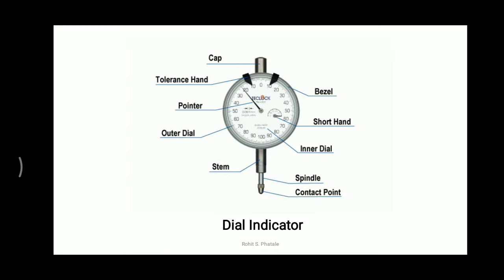And this short hand will give you the accurate reading, or the decimal places. For that purpose the short hand is provided. So this is the basic principle of all comparators.